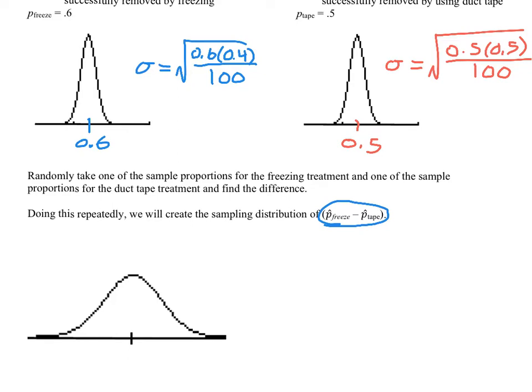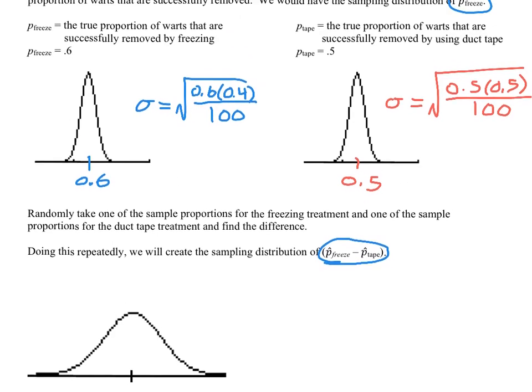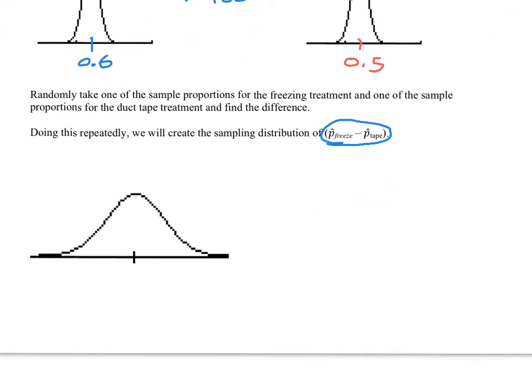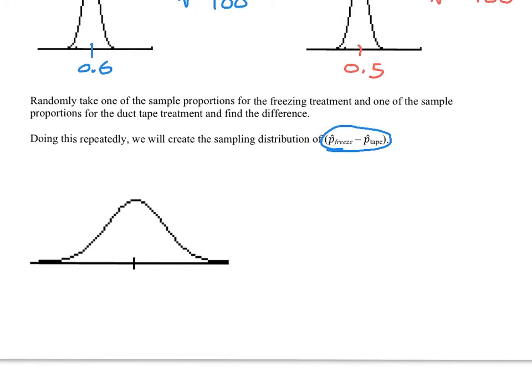If the freeze method had a true p of 0.6 and the tape method had a true p of 0.5, and we subtract in this order, freeze minus tape, we know that on average that would equal 0.1. So the average difference would be 0.1. 0.6 minus 0.5 is the average difference.